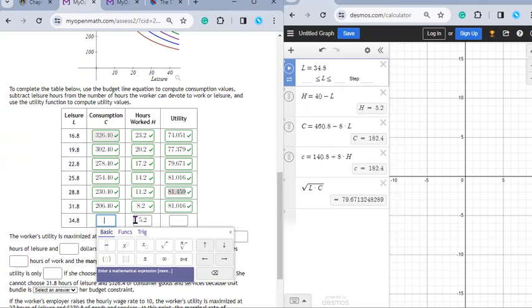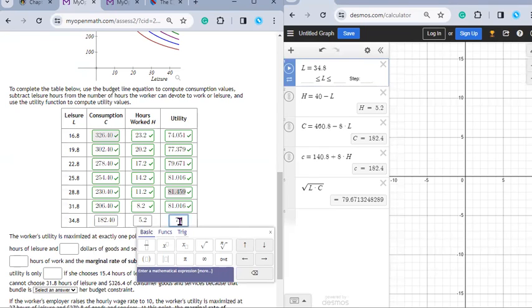So with consumption, you have to tighten your belt. You don't get to buy your wants anymore. Now you're barely able to afford your needs. So our consumption is all the way down to $182.40, and our utility has dropped to 79.671.